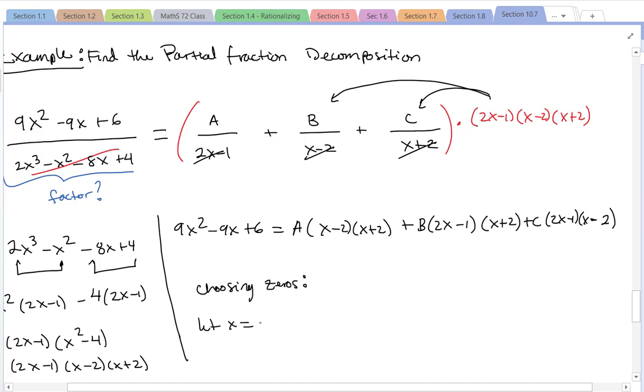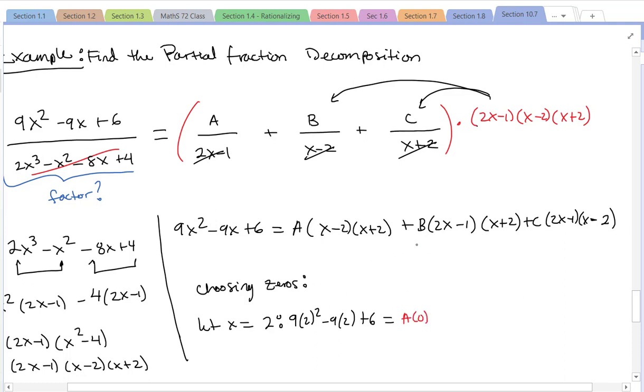So let x equal 2. And remember, for this, you plug it into everything. So when x is 2, I'm going to have 9 times 2 squared minus 9 times 2 plus 6 equals, now when x is 2, the x minus 2 is going to go away, so the A is going to go away, so I'm going to have A times 0. What else goes away?